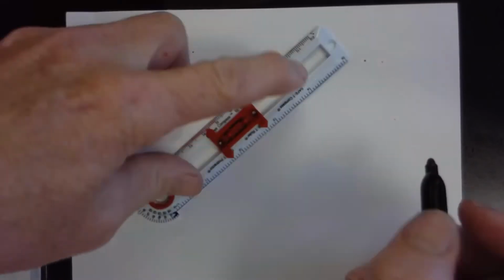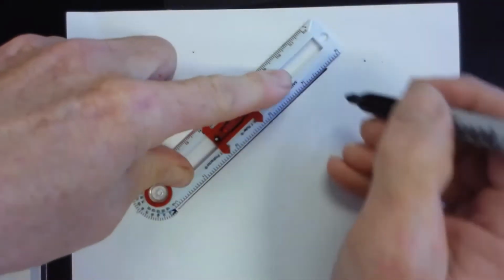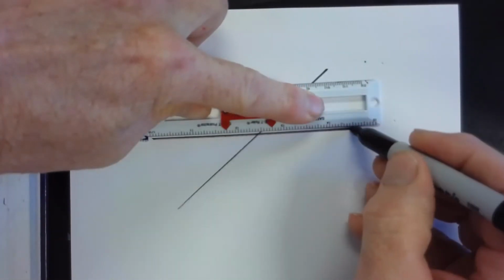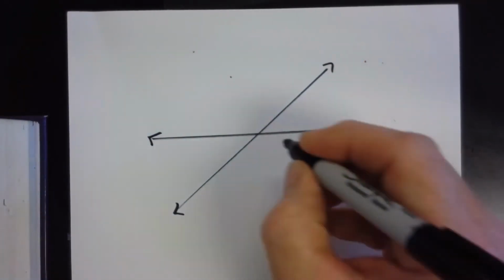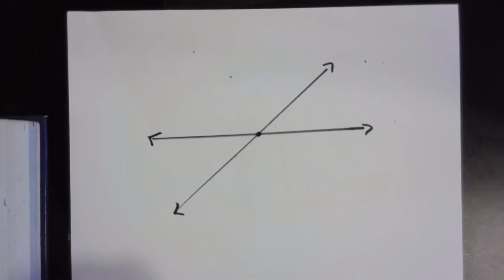Okay, I want you to write out the line intersection postulate, which says, if 2 lines intersect, then their intersection is a single point. They have 1 point in common. Do you understand? If 2 lines intersect, then their intersection is exactly 1 point.